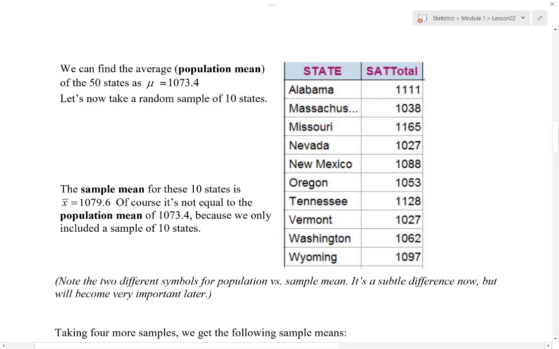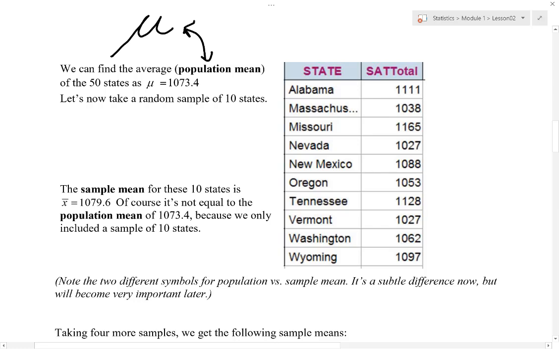If we did that, we would find an average, or population mean, of 1073.4, about a 1073 SAT average. And by the way, this symbol here is the Greek letter mu, at least the lowercase version of it. That's the symbol we generally use to describe a population mean.